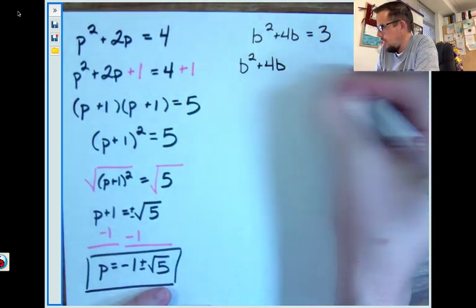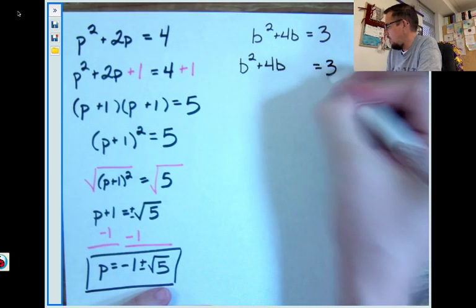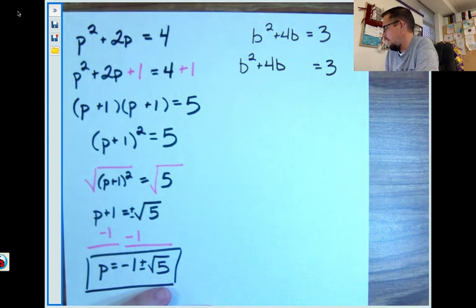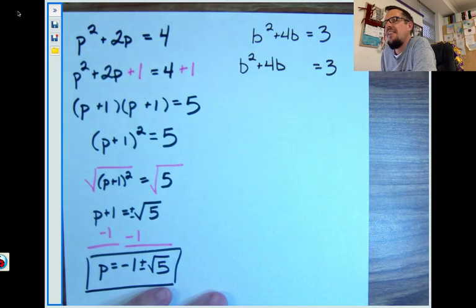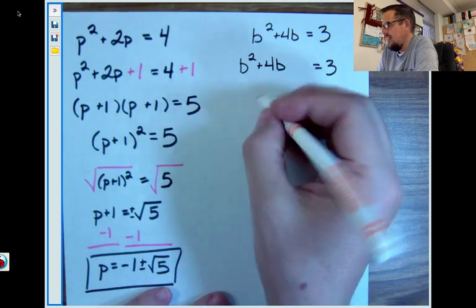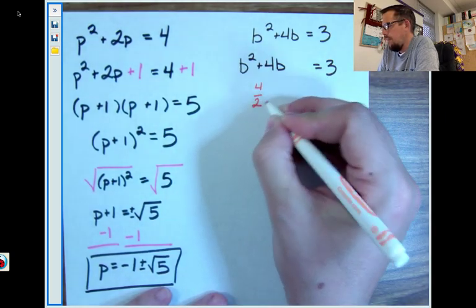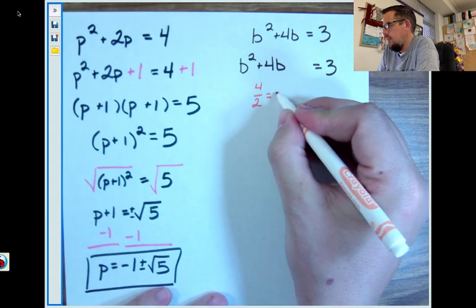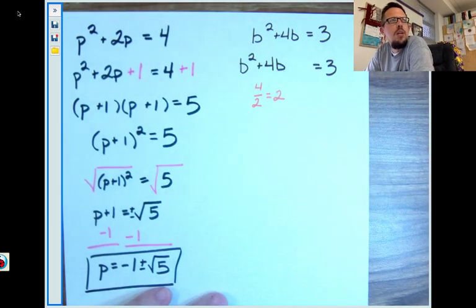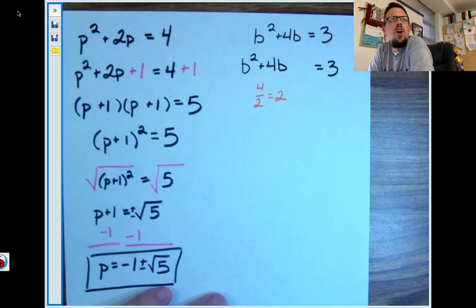I'm going to leave a little space there for something. How do I know what the something should be? Cut the middle number in half. So I take the middle number, which is 4, and divide it by 2. That gives me 2. But b squared plus 4b plus 2 is also not a perfect square.